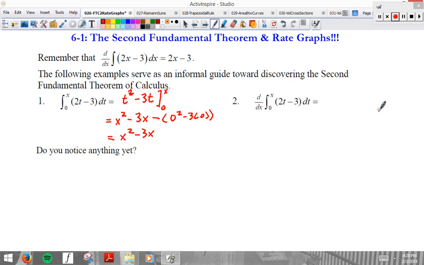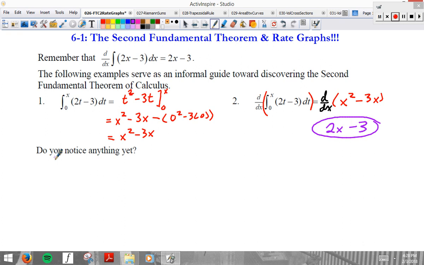Okay, so if we're trying to differentiate this integral we just did, we're really talking about taking the derivative of this antiderivative, or net change, this definite integral. And what would I get if I carried out this differentiation? I would get 2x minus 3.